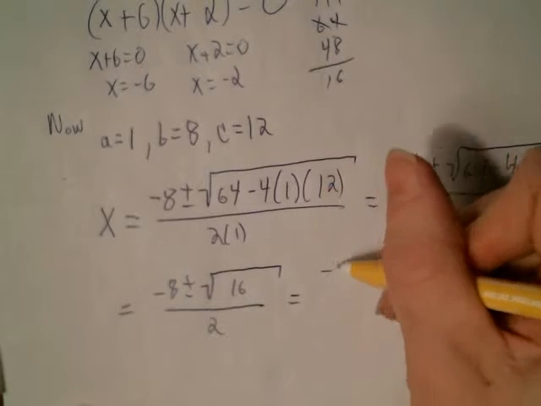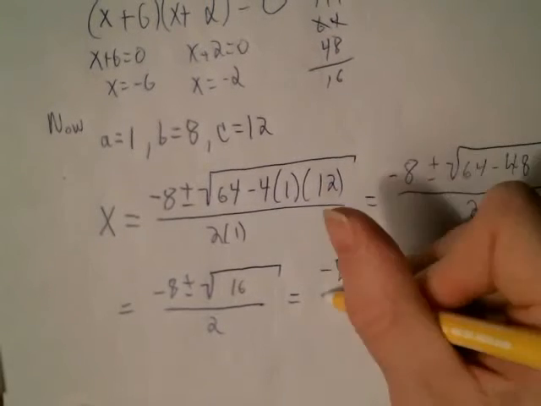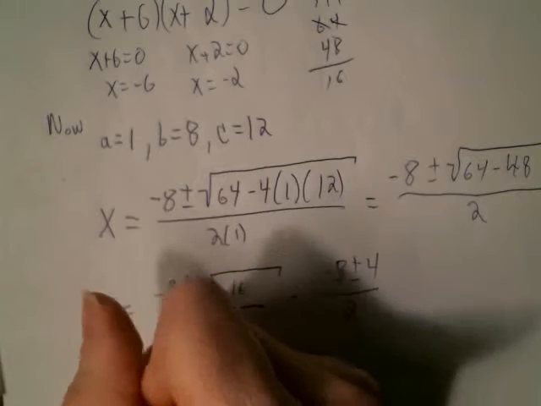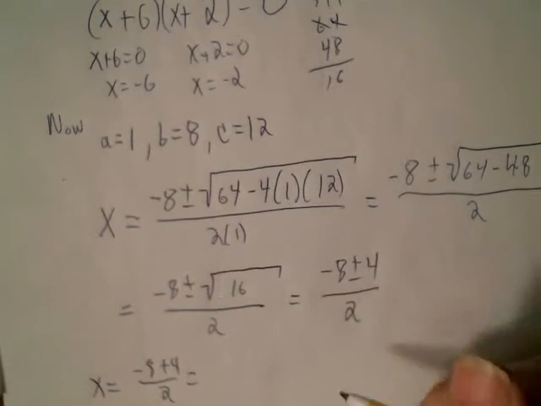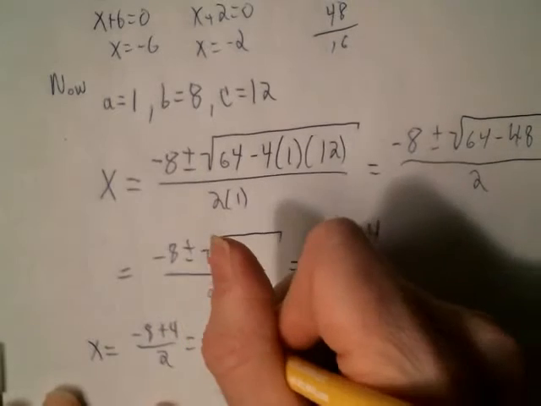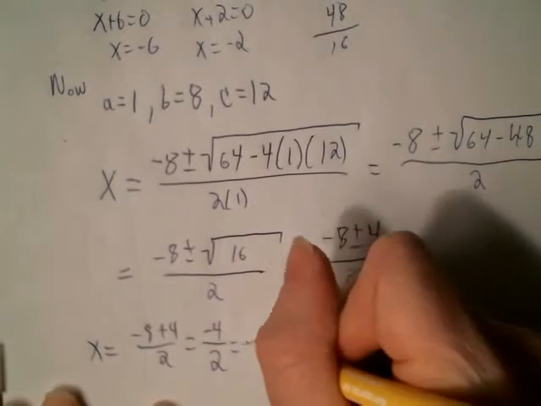And then what do we get? Negative 8 plus or minus 4 all over 2. So x is negative 8 plus 4 over 2, which is negative 4 over 2, which is negative 2.